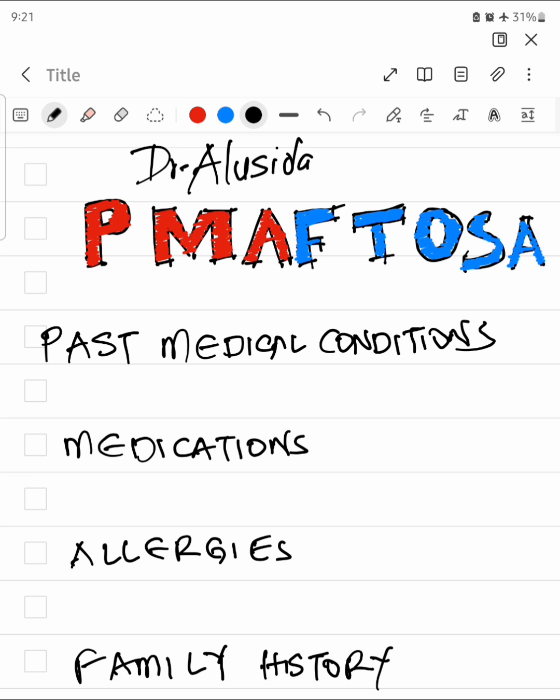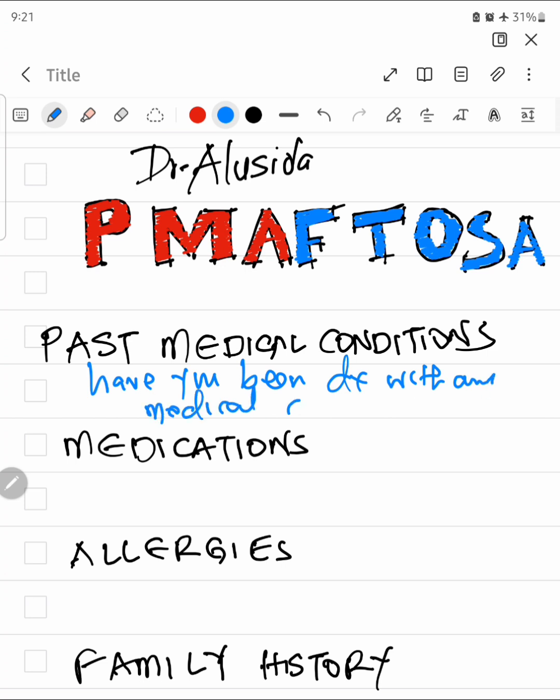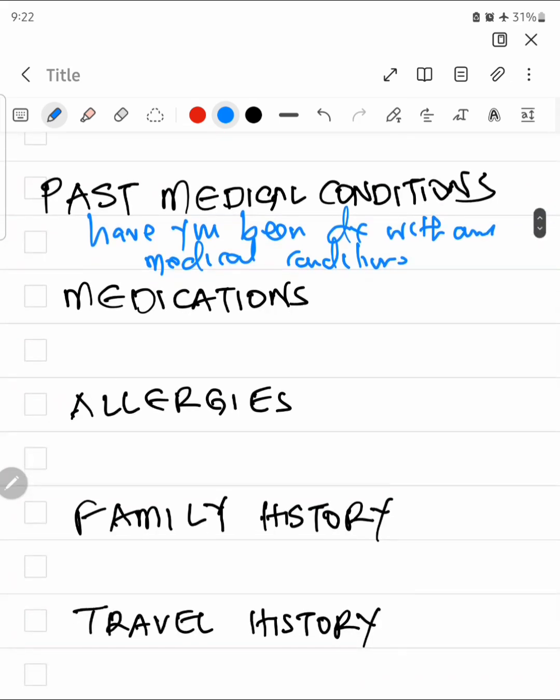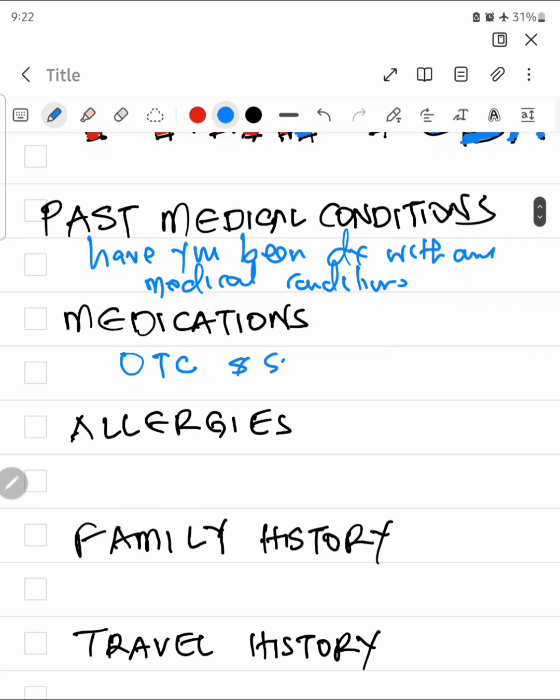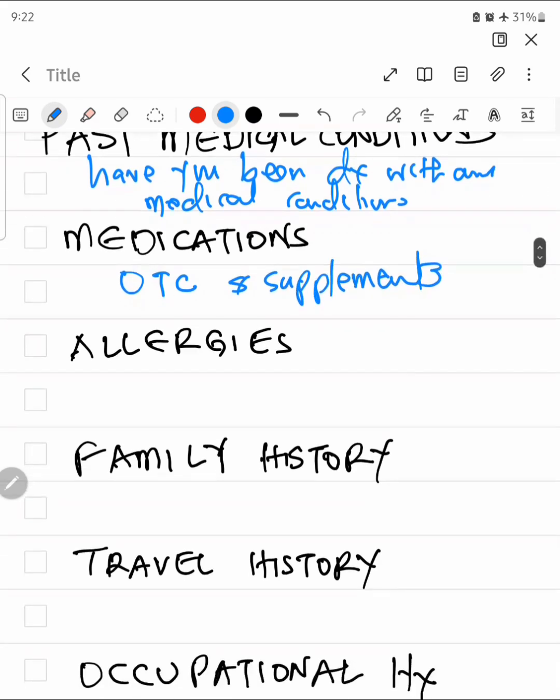And medications, you're going to ask, by any chance are you taking any medications, including over-the-counter medications and supplements? Remember, you have to ask about over-the-counter medications and supplements.